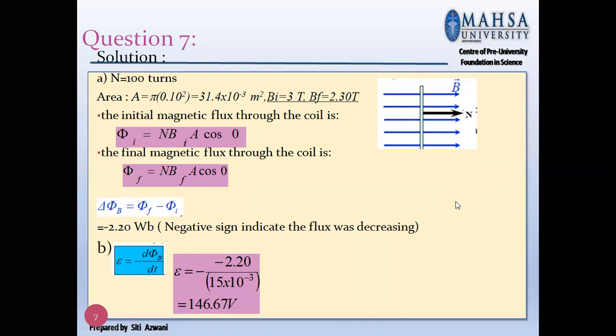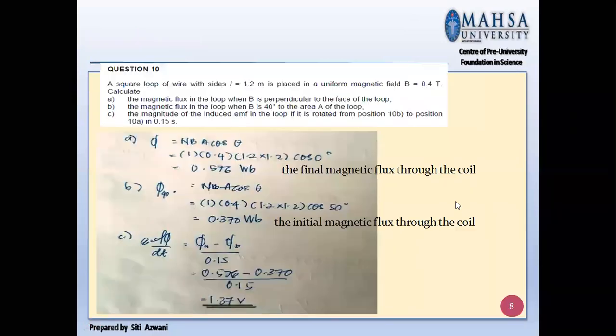Okay, next question. Question 10 is similar to before this. Again here, question 10, A: you need to calculate the magnetic flux when you have B perpendicular to the face of the loop.